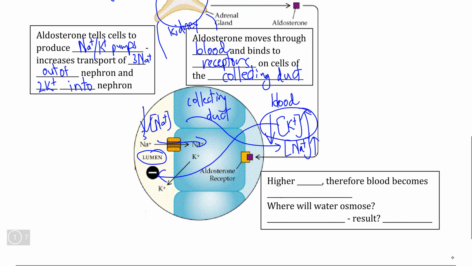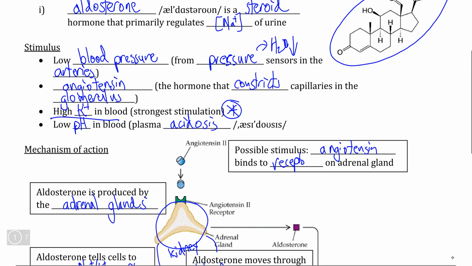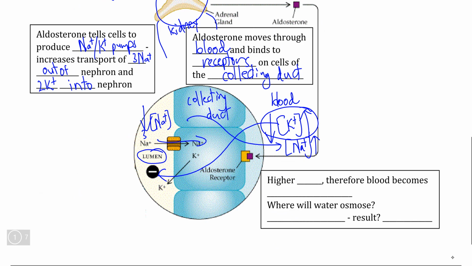And now that this particular stimulus, the high concentration of potassium inside of the blood, is no longer present because we transported it now into the filtrate in the collecting duct, it is no longer present, thereby initiating negative feedback to shut down the production of aldosterone.